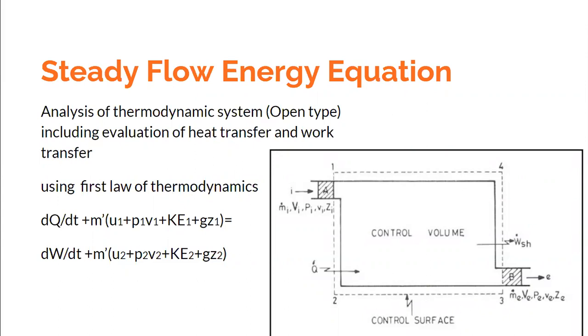In a closed system, mass cannot enter or exit. In an isolated system, neither mass nor energy can be exchanged with the surroundings. But in an open system, there is a possibility of exchange of both mass as well as energy, right? But we are talking about a very special type of open system, namely a steady flow system.